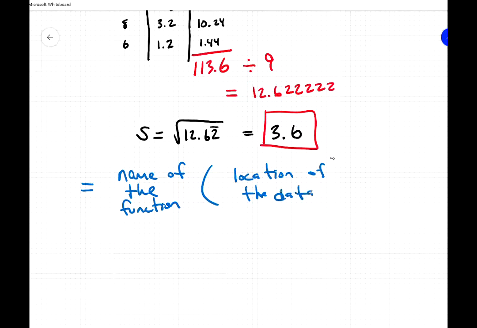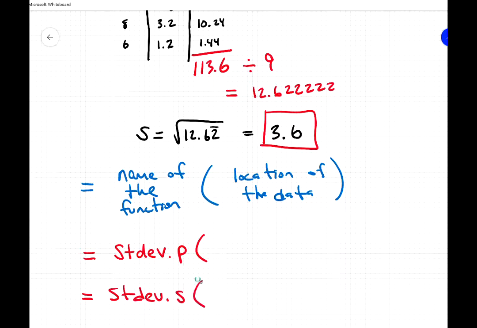So in this particular problem, it was equal sign, the standard deviation function is STDEV for standard deviation. Now, there's two different standard deviation functions, STDEV.P and STDEV.S. The reason there are two different standard deviation formulas in Excel is because there's two different standard deviation formulas in your textbook.